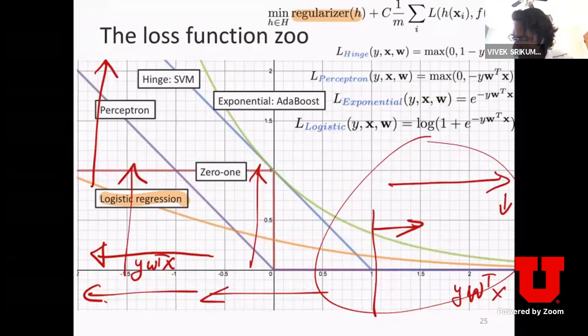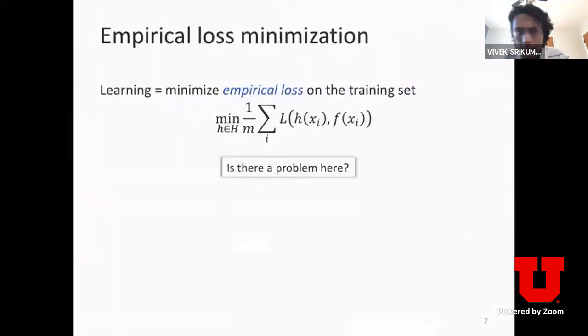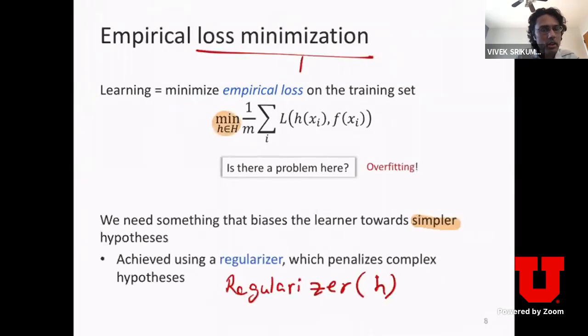So let me revisit this thing alone. The loss function is just penalizing mistakes. If this is all there was, there would be overfitting. A regularizer is a function that takes a classifier and produces a number. It doesn't depend on any data.